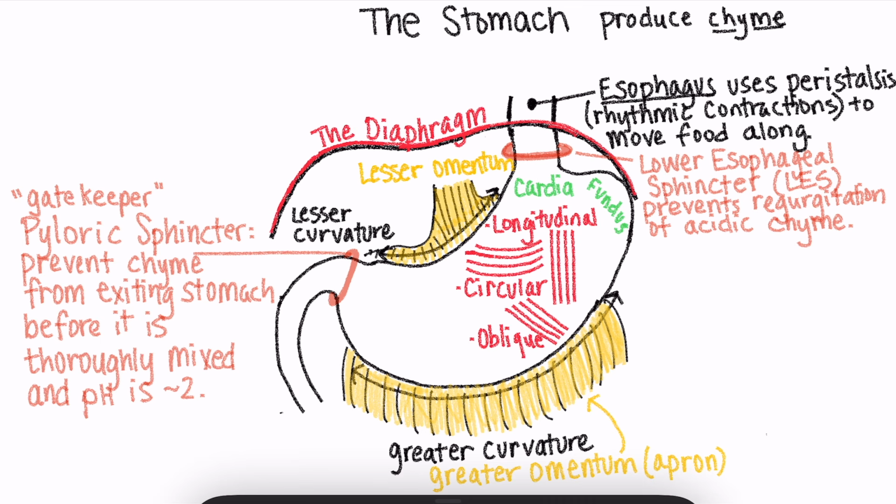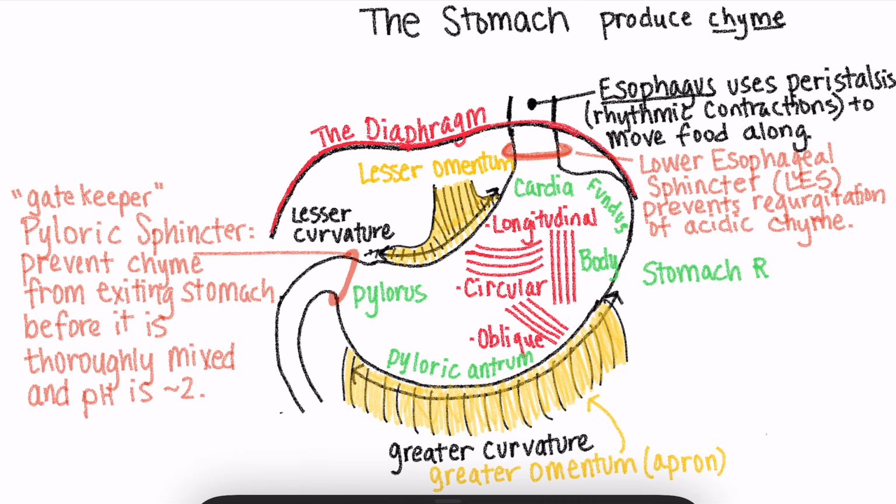And then the bulk of the stomach is all called the body. That's going to be most of it, right? And then this part that is the inferior portion is called the pyloric antrum. And then the last part is called the pylorus, and that's where we find the pyloric sphincter.